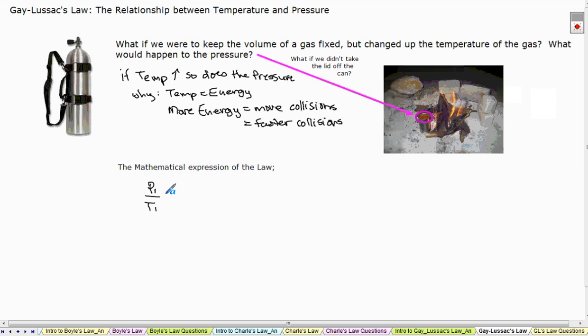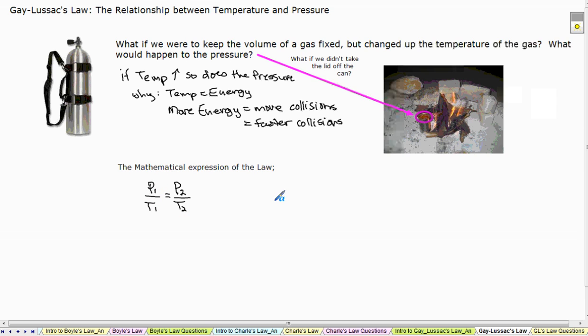That means that we have to establish their proportionality as a ratio of pressure over temperature. So P1 over T1 is going to be P2 over T2. If the pressure increases, so will the temperature in order to maintain that ratio. If the temperature decreases, the pressure will need to decrease in order to maintain the ratio.